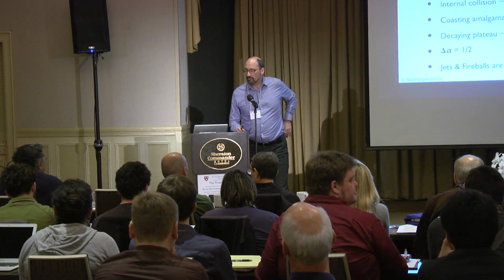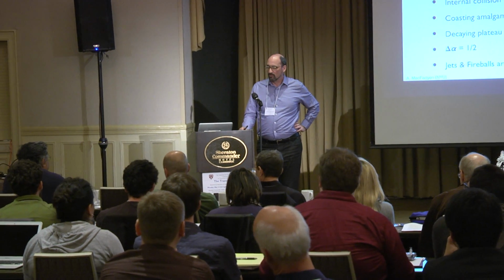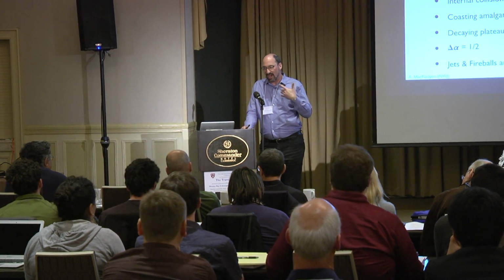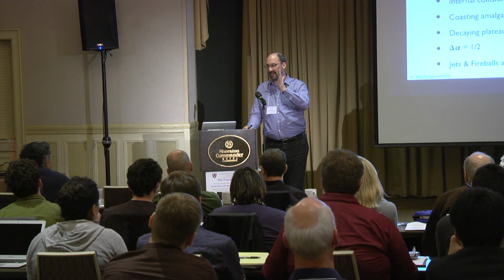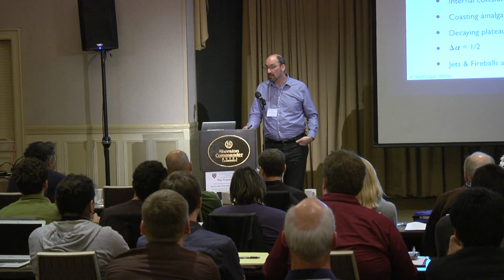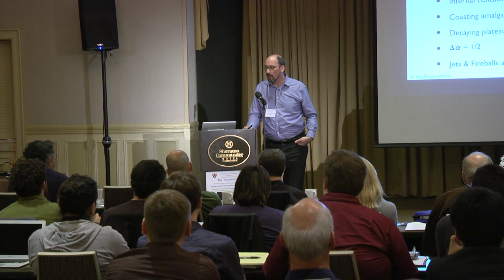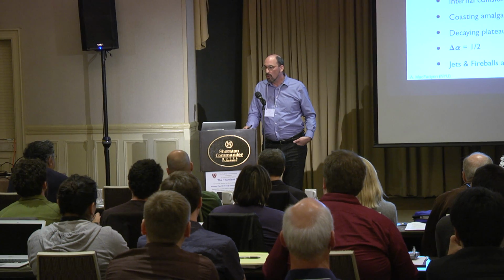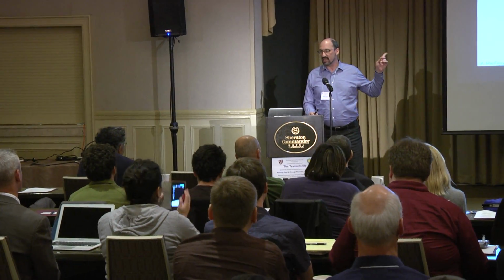What do you assume is the composition of the ejecta? This is all hydrodynamics, so it's basically relativistically hot gas. No, I meant ions. Sorry? I mean, if it's a Wolf-Rayet star, then it should be ions. Do you assume it's just protons and electrons? Yeah, so currently, it's just a gas that has a density and a pressure.